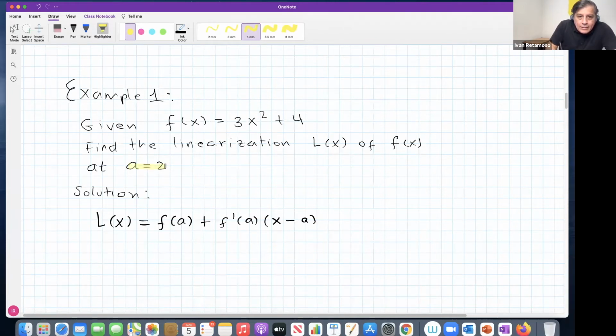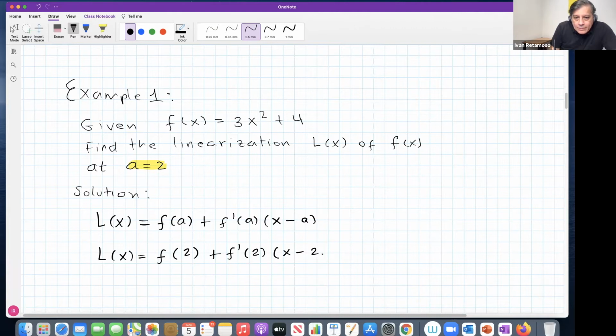It's given here. They want me to take the base point x equal 2. So my linearization then should be equal to f of 2 plus the derivative of my function evaluated at 2 times x minus 2. I have replaced a with 2.